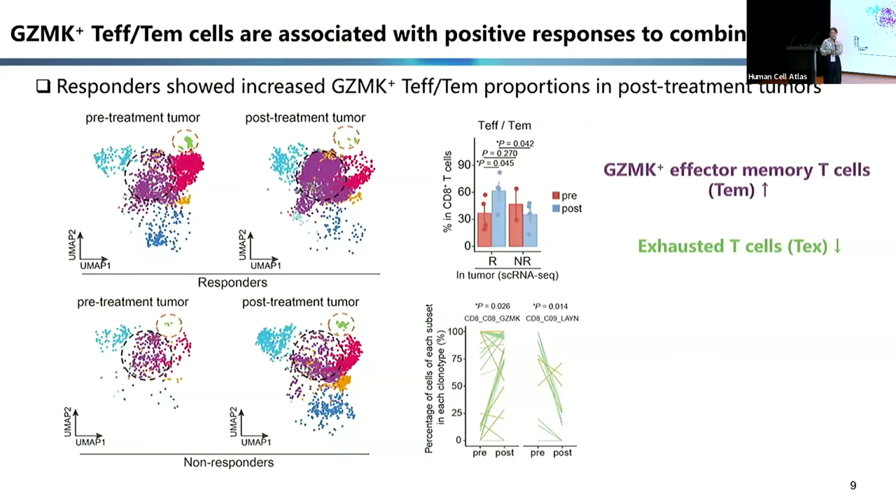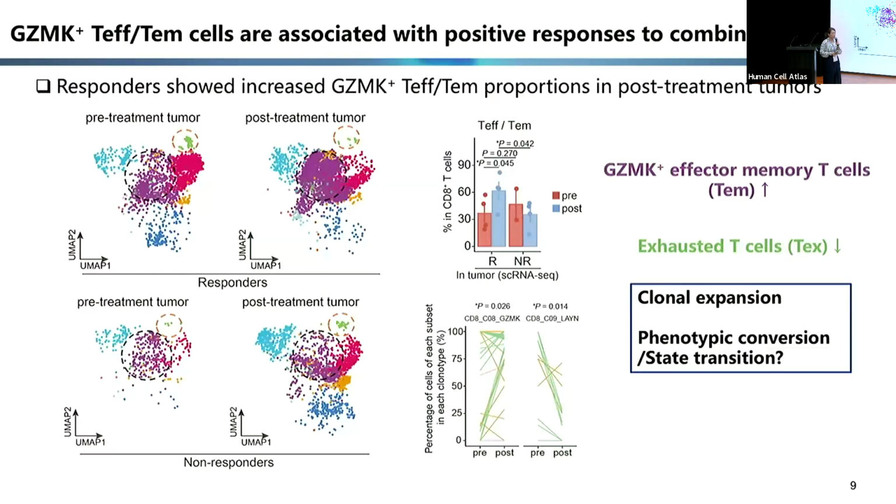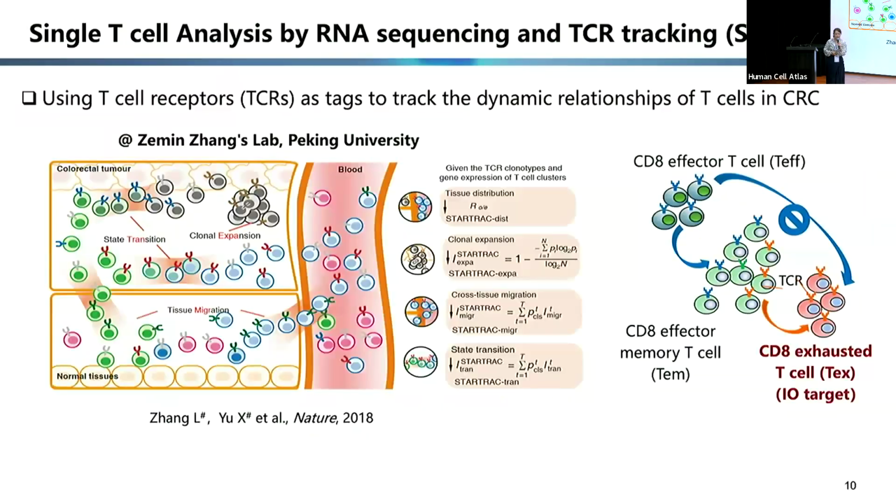Since we have observed the compositional changes of subsets of CD8 T cells, we asked whether this could be caused by phenotypic conversion, also called state transition. To answer this question, we used the T cell receptor-based analysis framework, Star Trek, which we developed previously.